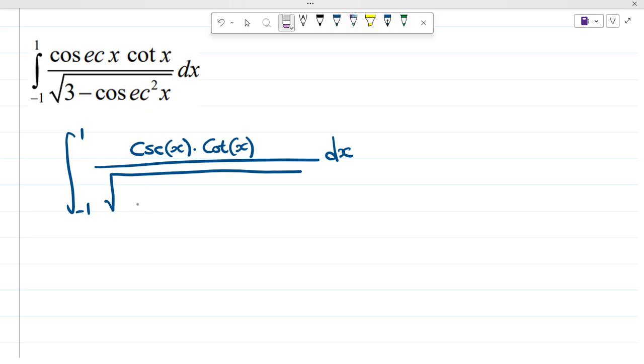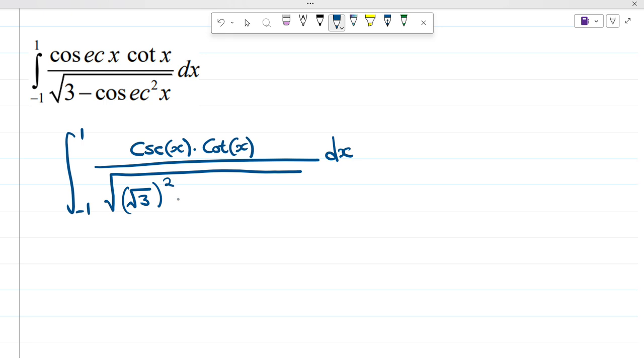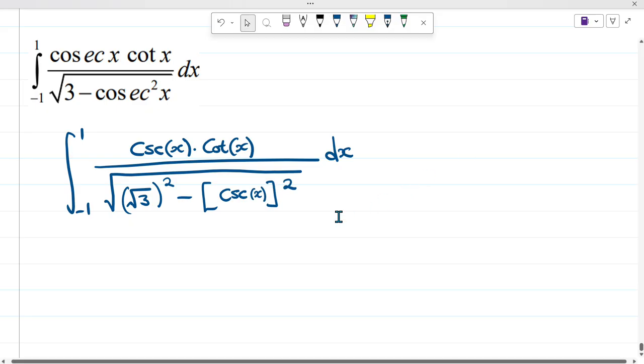I'm going to write that 3 in terms of a square, so this is going to be the square root of 3 squared minus cosec of x squared. Okay, so now I've successfully managed to rewrite everything in this nice format. I can see that this is the format of sine inverse, because of the square root of a squared minus f of x squared.